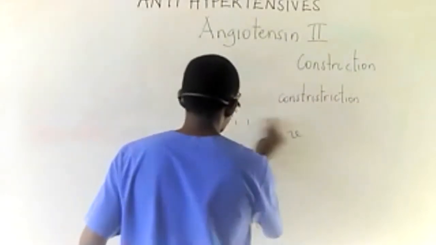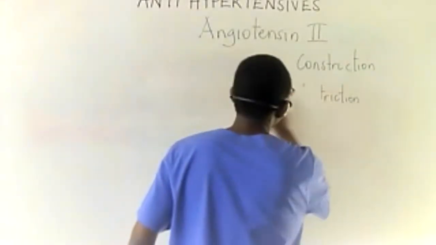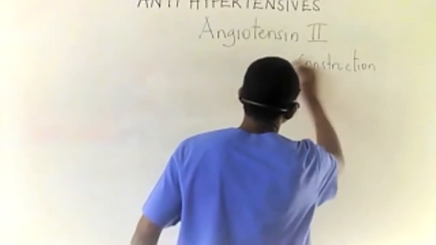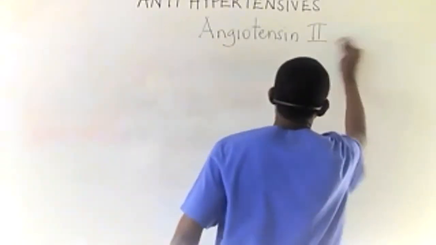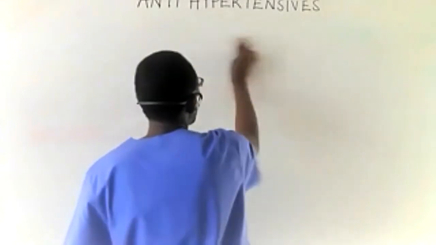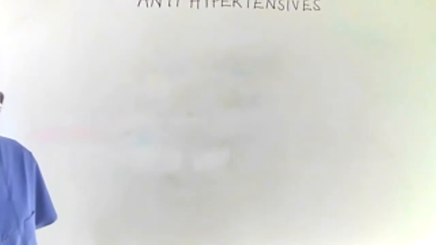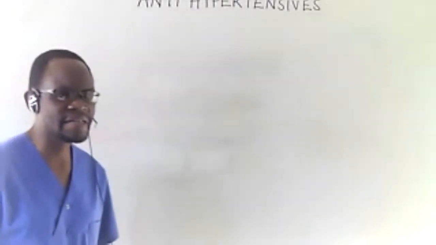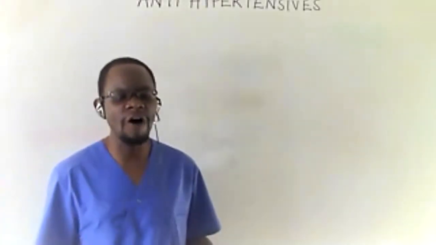So they block the enzyme itself. And once it is blocked, we shall not have angiotensin 2, which causes all these effects that we have talked about. And so if we don't have those effects, the blood pressure will not be high; the blood pressure will decrease. I hope that is very clear.